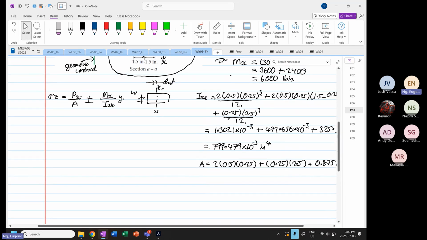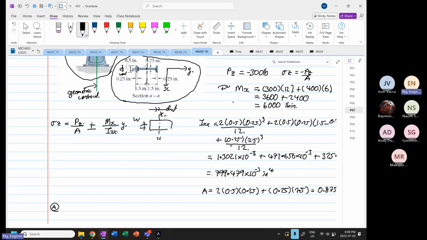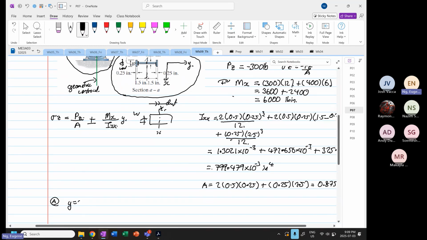Right. So now we want to find what is happening at point A. We know that at point A, y is equal to 0.